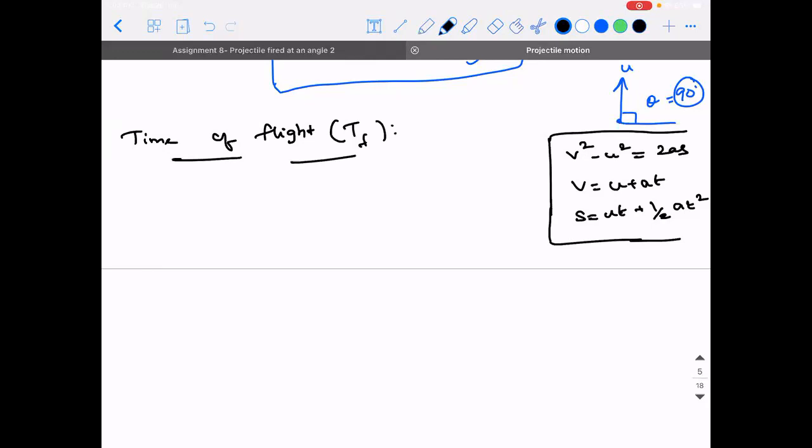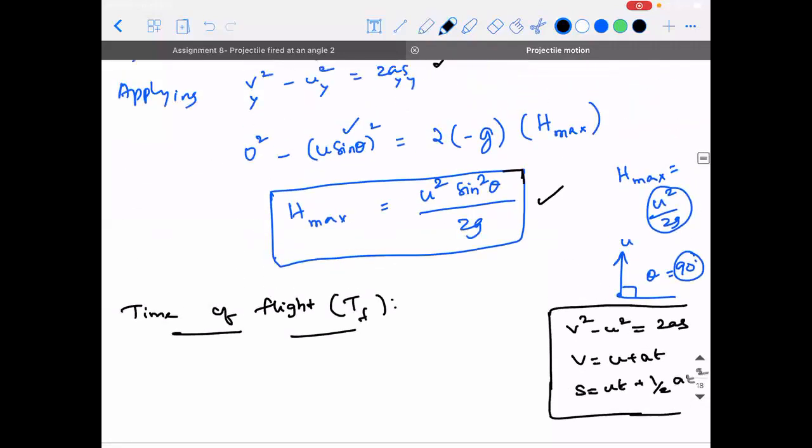Sir, is it the third one? So, what is the advantage of the third one? Why not the second?